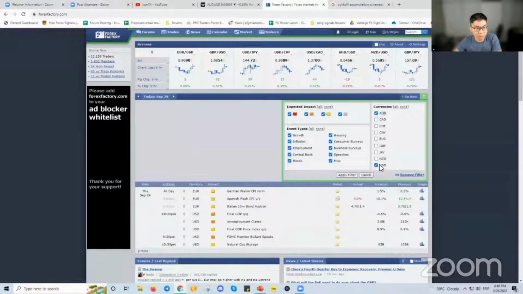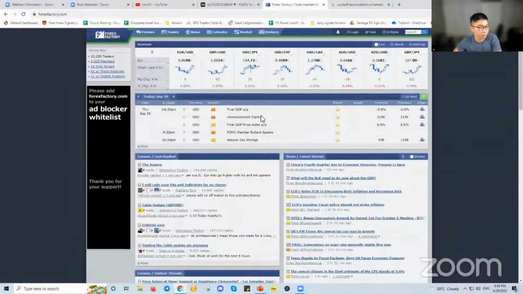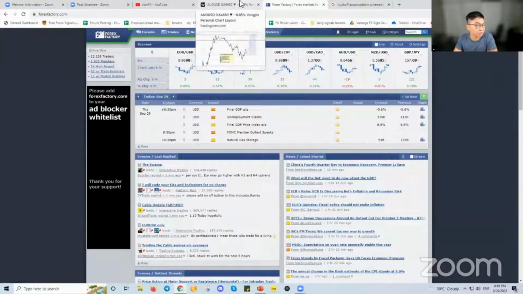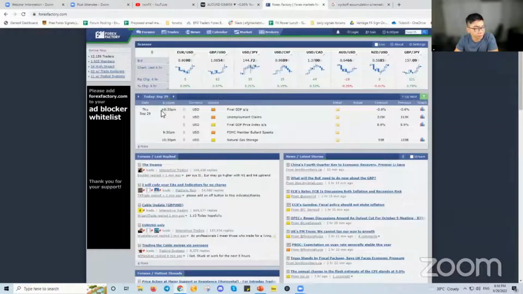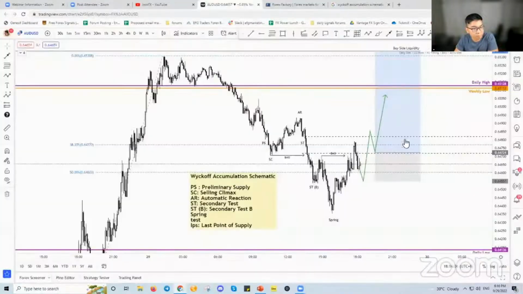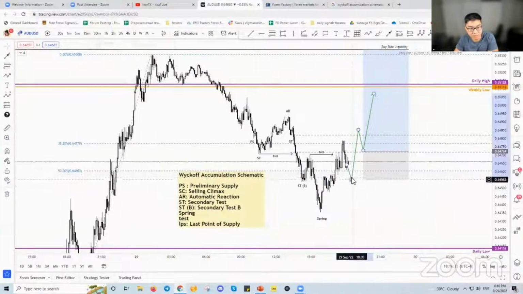Only Aussie dollar and USD. There is no news for Aussie dollar, but there is news for EU. So Aussie dollar should theoretically be relatively calm. But then I will also start to avoid the 8:30 p.m. since there is the US news. Okay, we shall see.